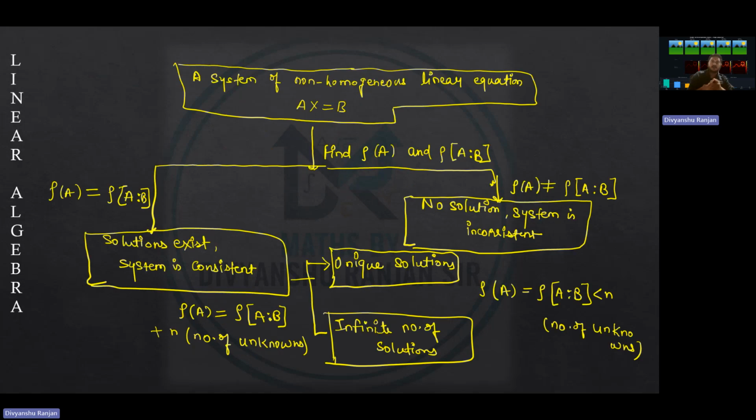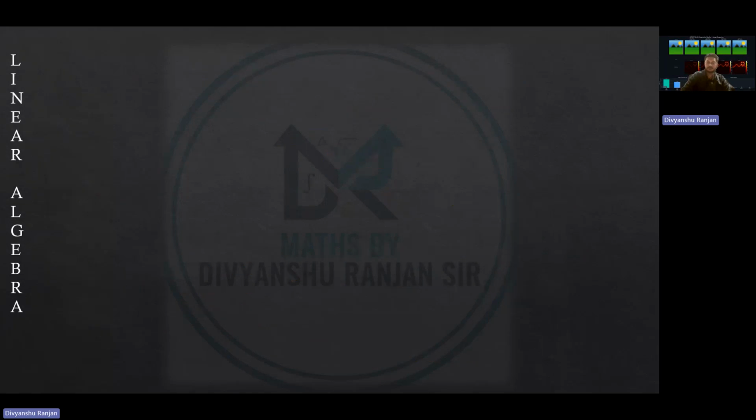Now move on to the next part. Here is a small problem based on this. I am going to try to solve one more problem for you, where rank of A and number of unknowns you know very well.